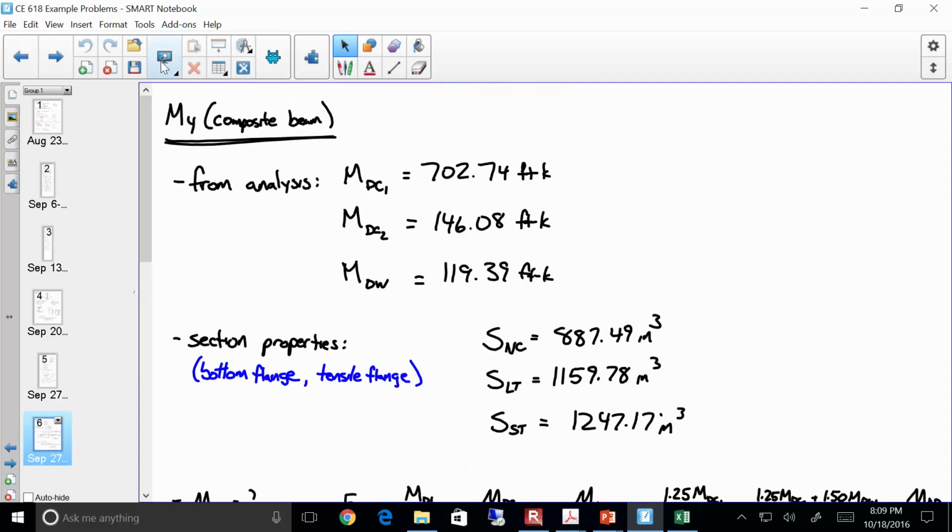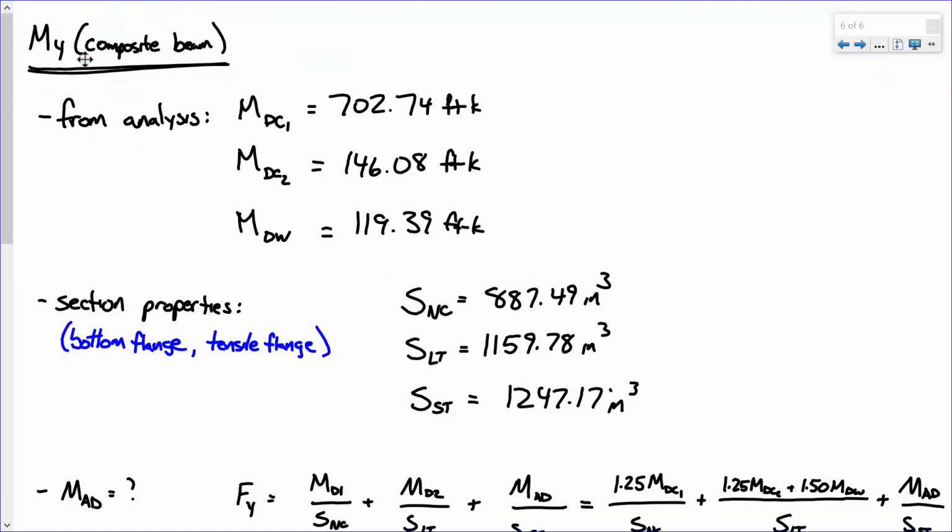So I don't have a handout for this one because it's pretty short. So strength limit state.